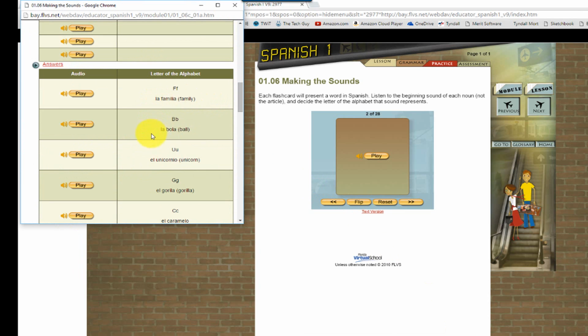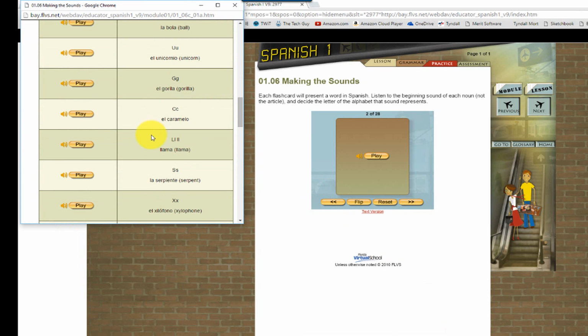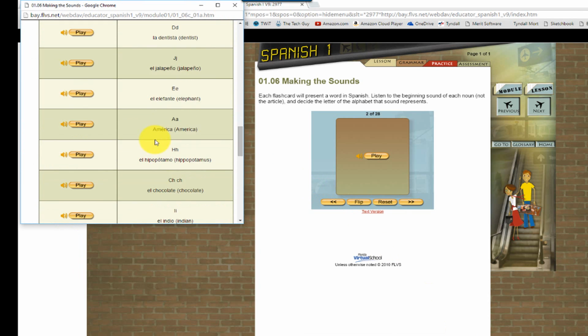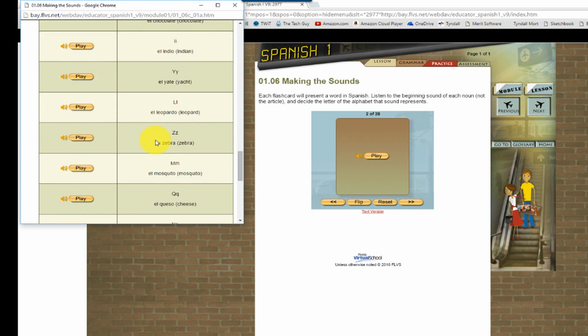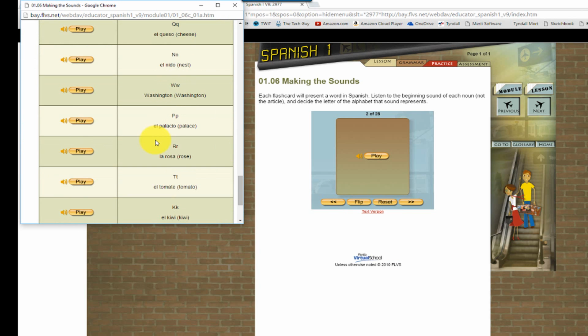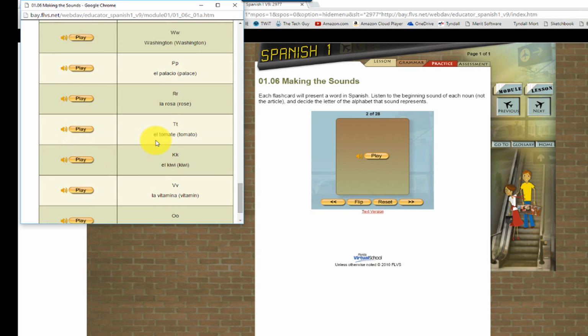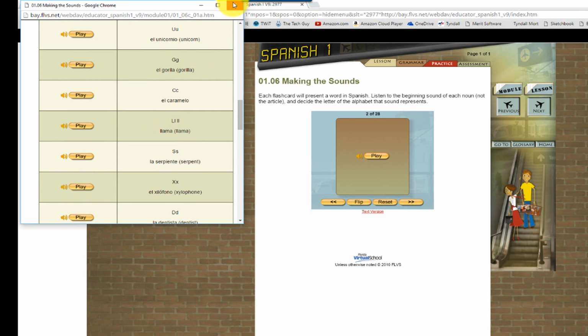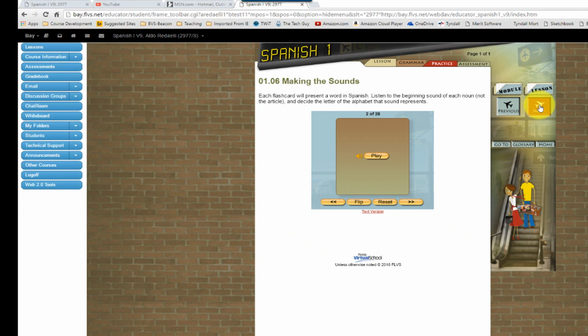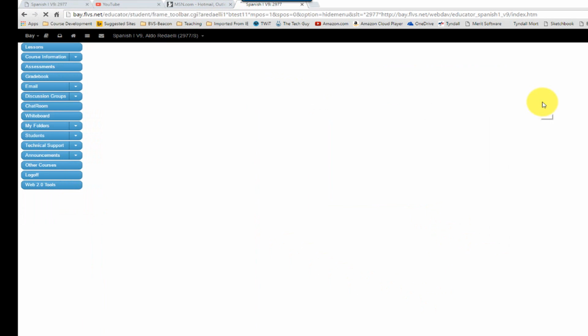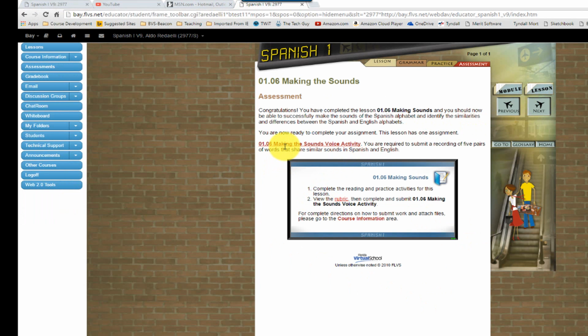So, for example, la familia, la bota, el unicornio, la llama, el dentista, América, el chocolate, la cebra, el queso, which means cheese, el tomate, la vitamina. Okay, and you had the translations for all those words. Okay, so that's pretty cool.